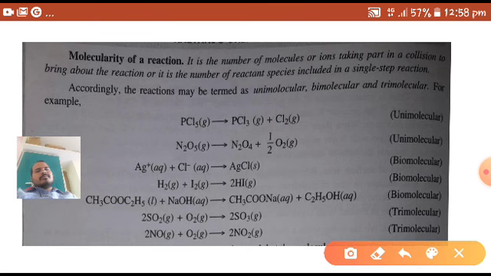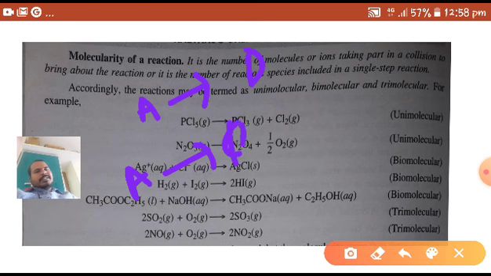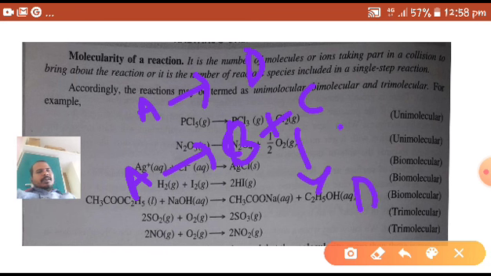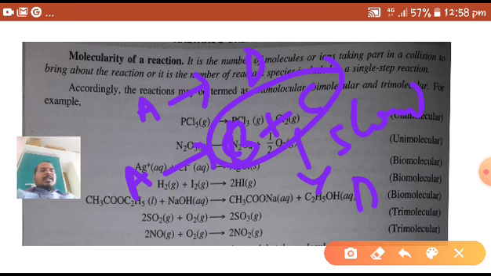Suppose A gives rise to D. A first forms B plus C, and this intermediate compound gives D. If the second one is the slow step, the molecularity of the reaction should be 2. Why?